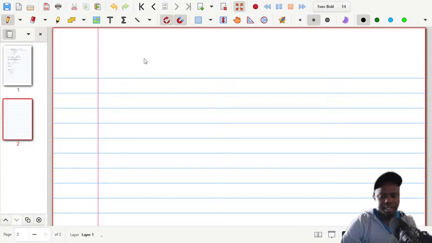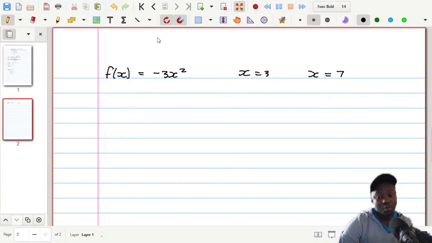So first, let's write down our equation. We've got f of x equals negative 3x squared. The points that we're looking at are x equals 3 and x equals 7. Now the first way you would do this is typically how you would do it with a straight line. So first we need to calculate the y values.